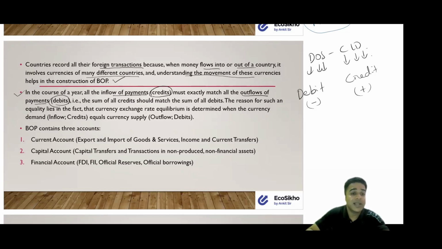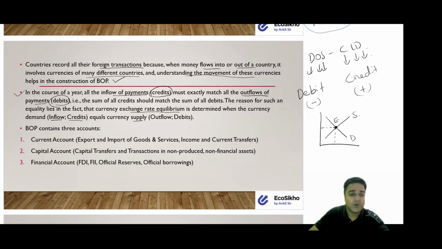The reason for it lies in the fact that whenever we talk about exchange rate, the exchange rate equilibrium is determined where the demand and the supply curve intersect. So a basic thing, you have a demand curve for the exchange rate, you have a supply curve for the exchange rate. Whenever these two meet, you call the market in equilibrium. The same thing goes here, because the demand is what you call inflow, what you call credit.